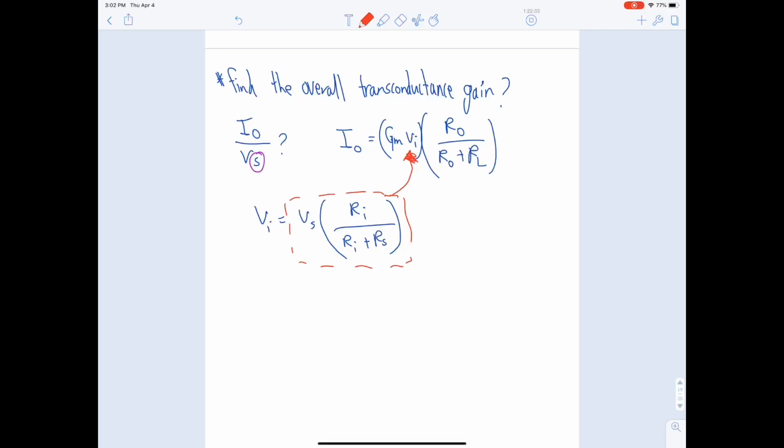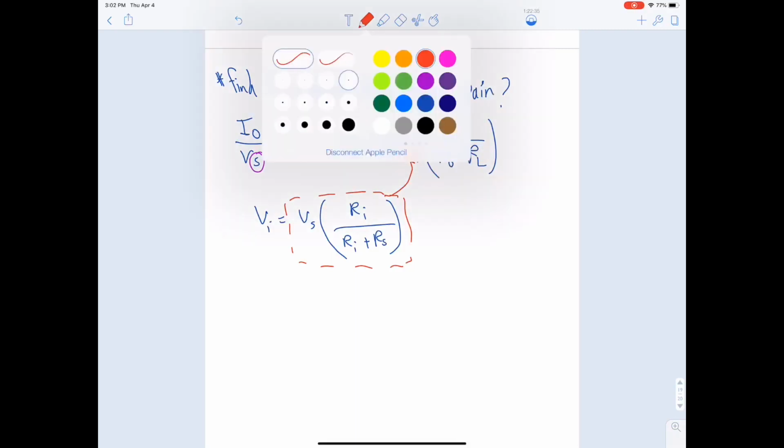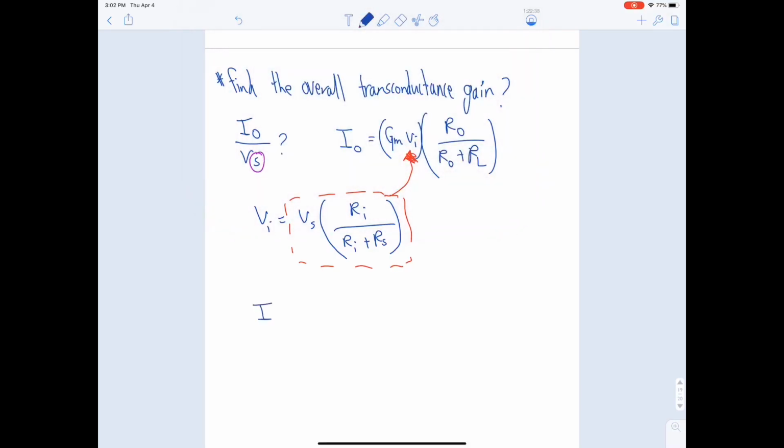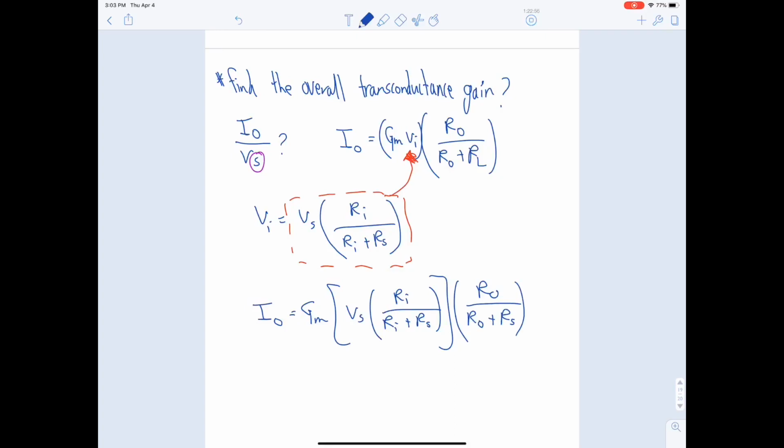So my equation will become I output is equal to Gm Vs, Ri divided by Ri plus Rs, multiplied by Ro divided by Ro plus Rs. Great. What's the unit? The unit is ampere over volt.